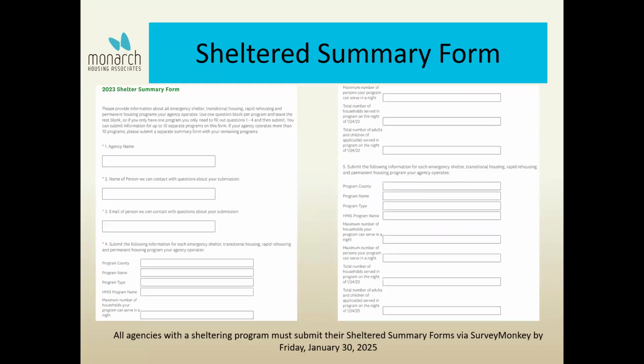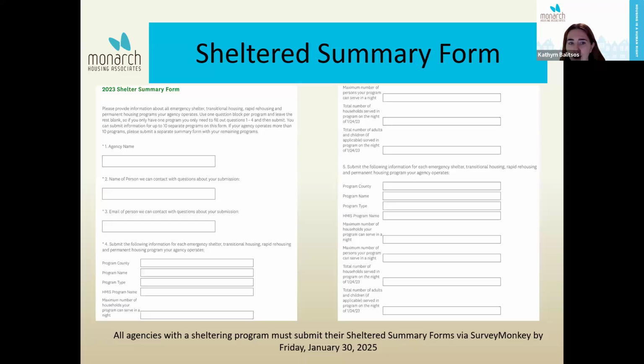We don't do shelters, but would permanent housing be considered for this? Yes. If you are an emergency shelter, transitional housing, rapid rehousing, or a permanent housing program, you're going to want to fill out the shelter summary form. Would that also include our senior housing or scattered sites?